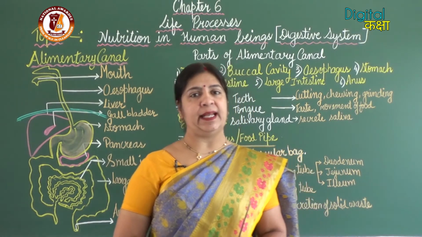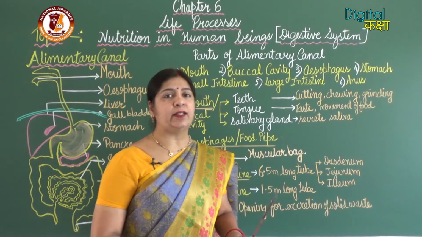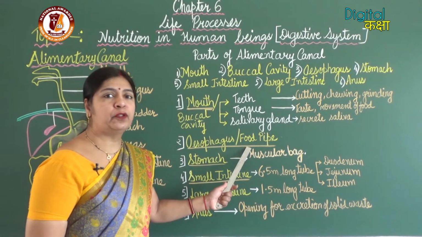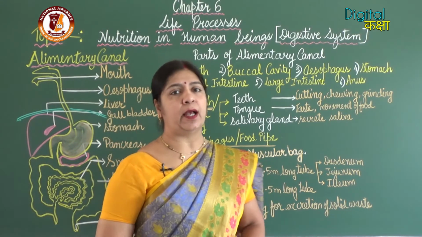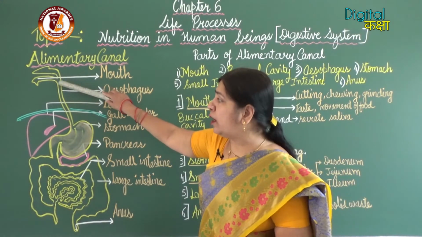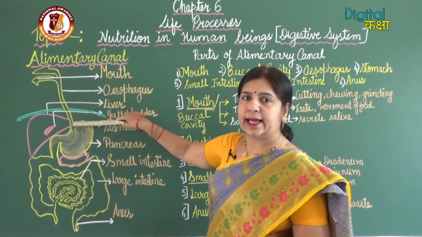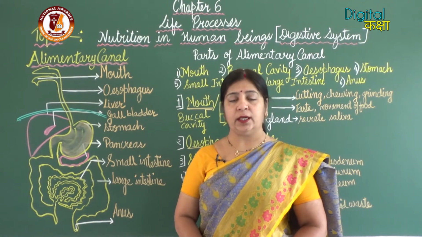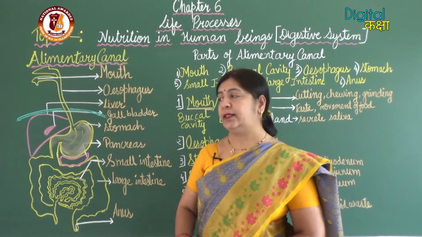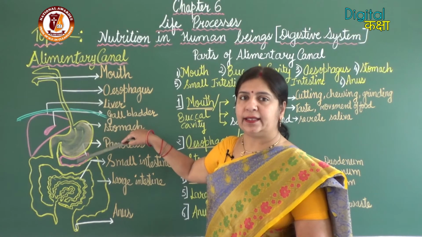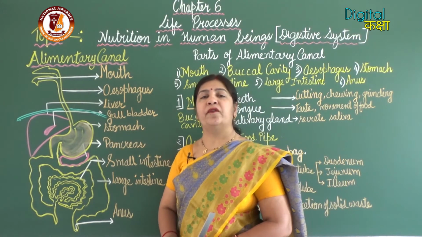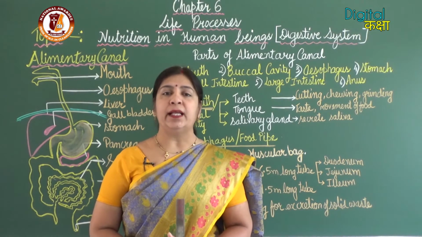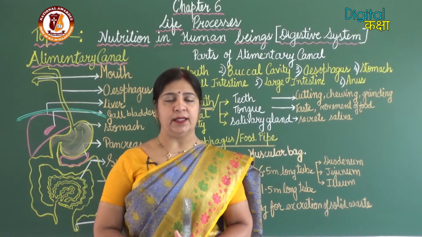After the buccal cavity, the next part is the esophagus. Esophagus, also known as food pipe, is the long tube, as you can see in the diagram. It is about 25 centimeter long, and it connects the buccal cavity and the stomach. In the esophagus, the food is pushed forward with the help of the muscles of the esophagus.